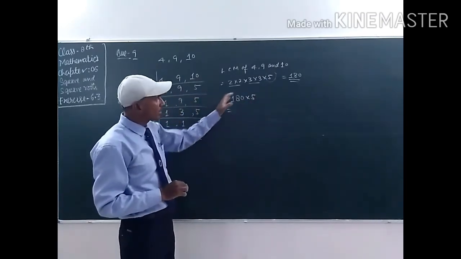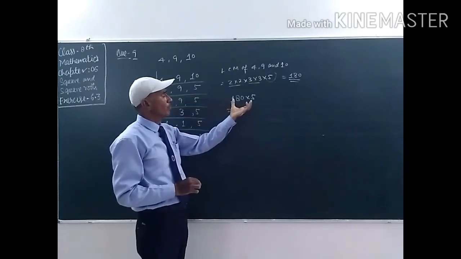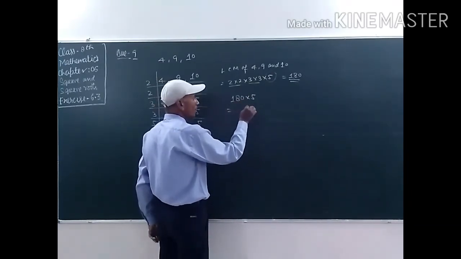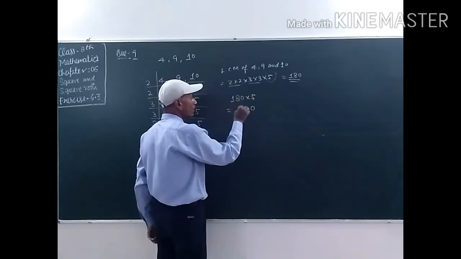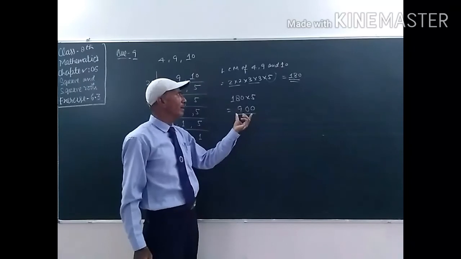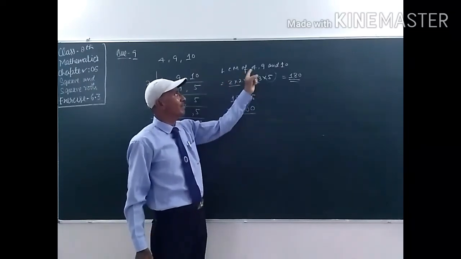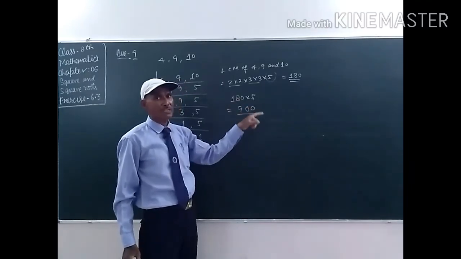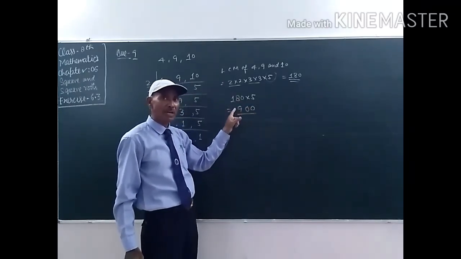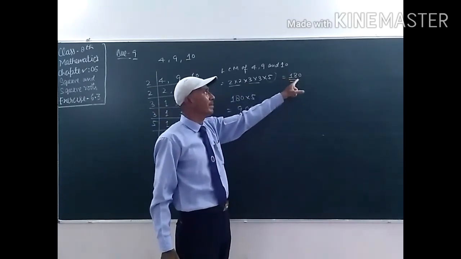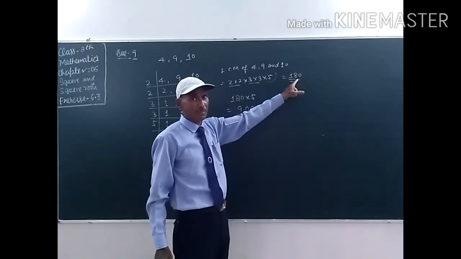So the least number we obtained is 900. This is a perfect square number. Clear, students? We have not taken this 180 because it is not a perfect square number.